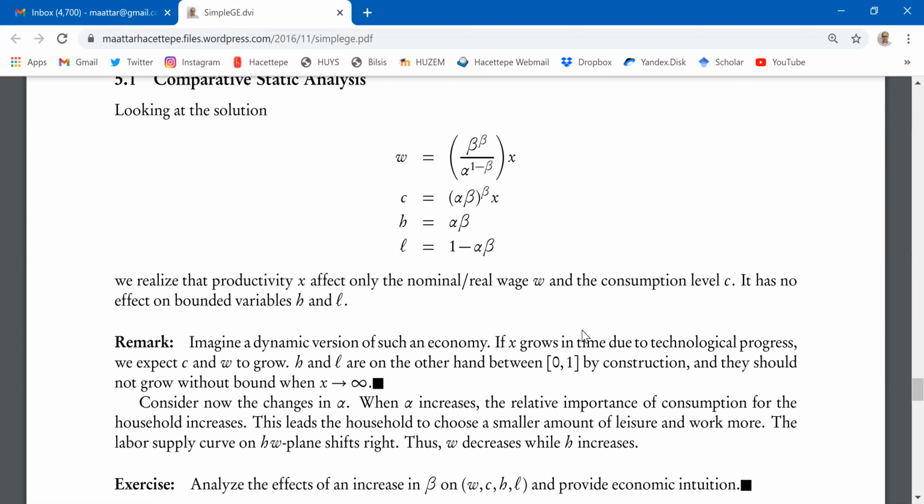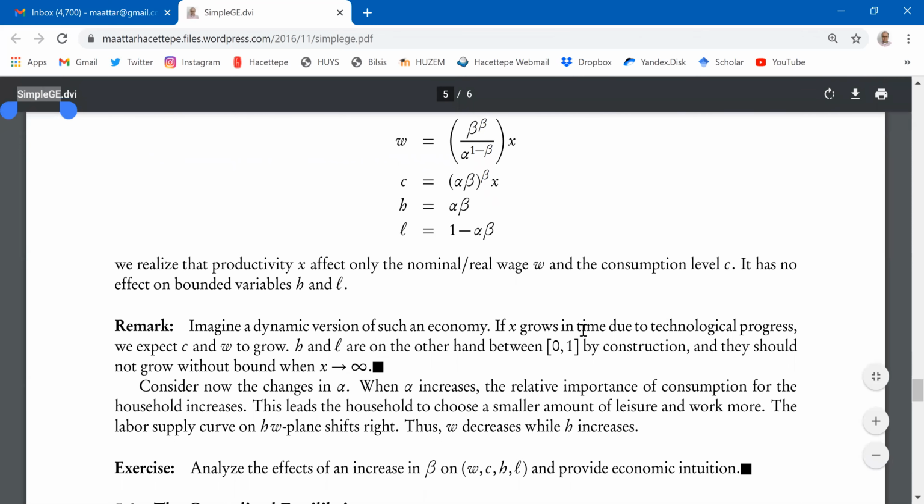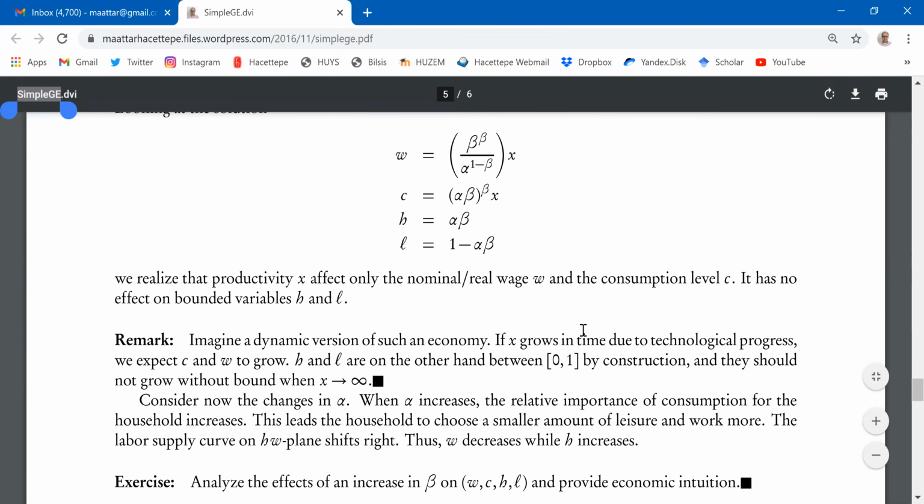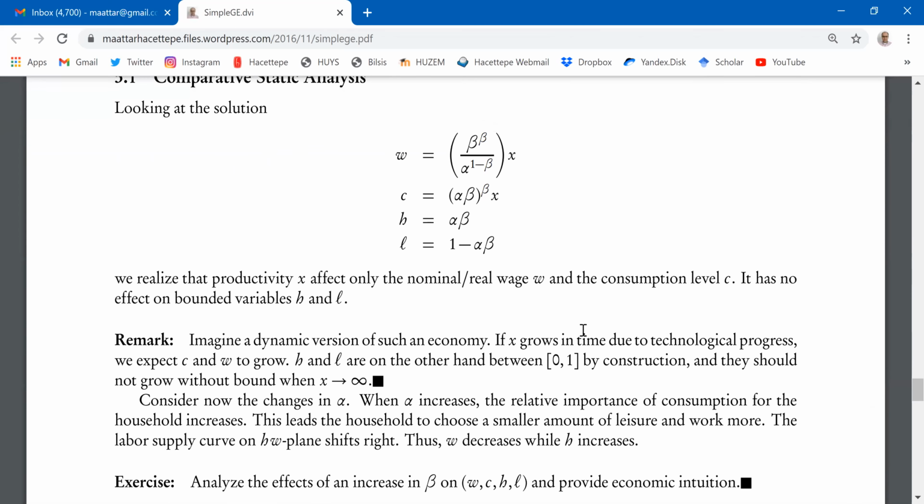Look at these equations. If X is growing in time, then wages will grow and consumption will grow, but nothing will happen to H and L.